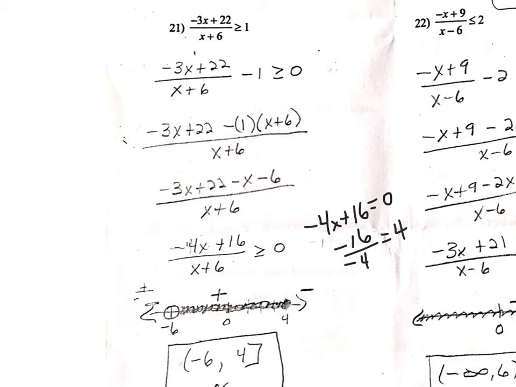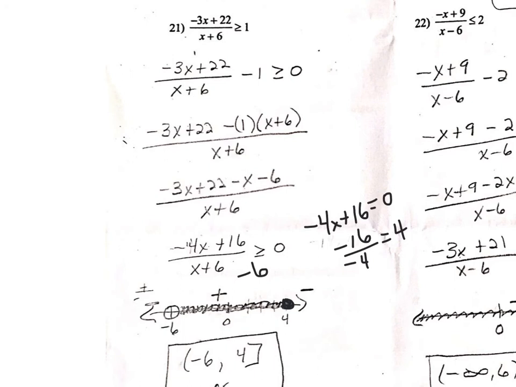So 4 is one of my critical points. So I put that one right here. That's my 4. The next thing I do is check the denominator. The denominator's critical point is going to be negative 6, because that's what makes the denominator equal 0. So here I put a negative 6, but notice that my circle here is open. This is an open circle.